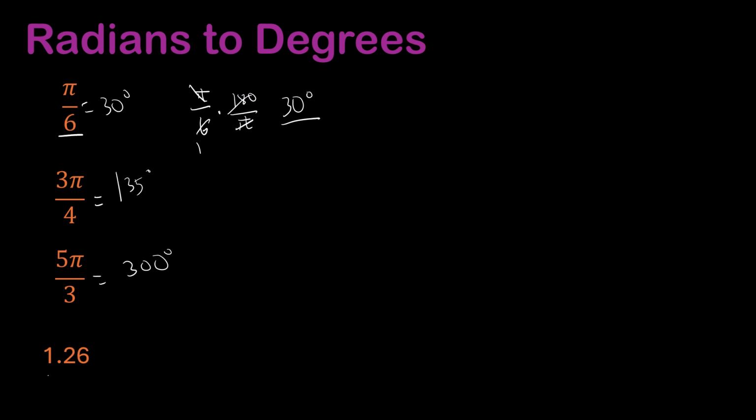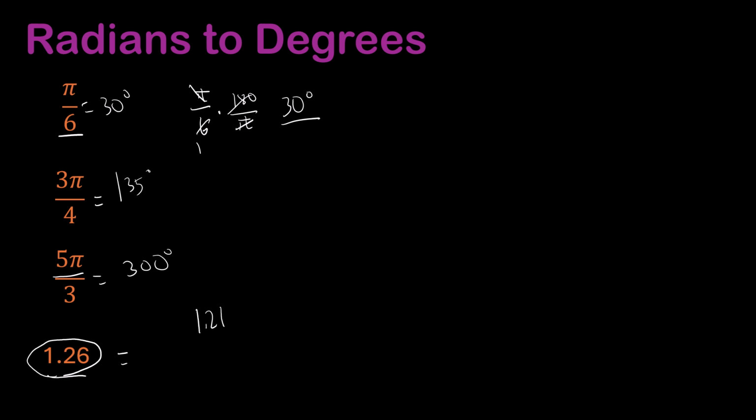Now, just because there's no pi doesn't mean that it's not radians. Radians is anything without a degree. So it's just any number, really. And people use pi because pi is important to trigonometry, but sometimes you're given a value like this and you have to convert this to degrees. But you do the exact same thing.